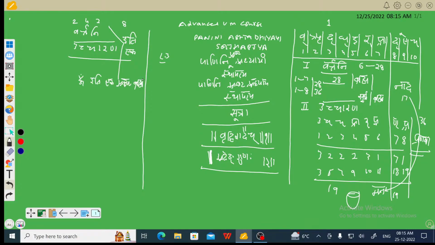Now it is Vartani, and 1 to 13, its factors are 21, here 28, here is 21. So O is 16.